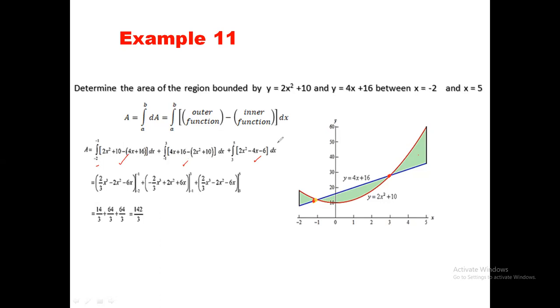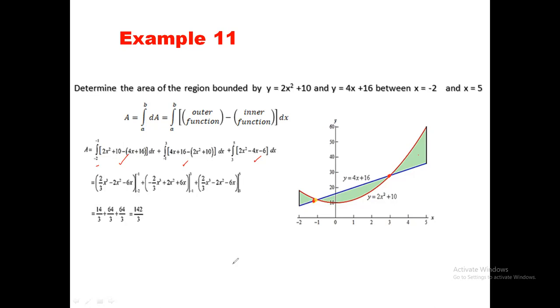You're still allowed to use the vertical element because for any of these areas or sections, the vertical differential element will be consistent in terms of its length. So, hindi siya different. So, pwede ka kagamit vertical differential element. So, you'll have for the first one, 2x squared plus 10 minus 4x plus 16.